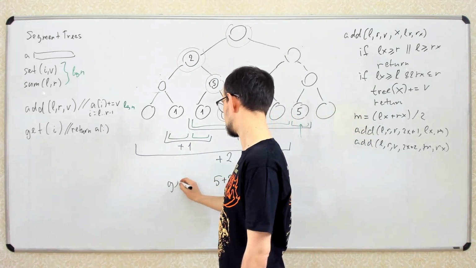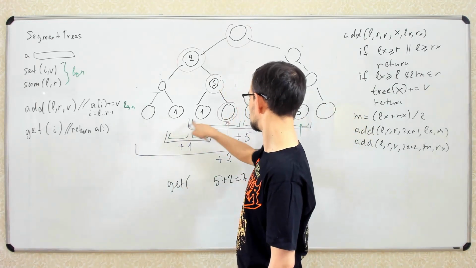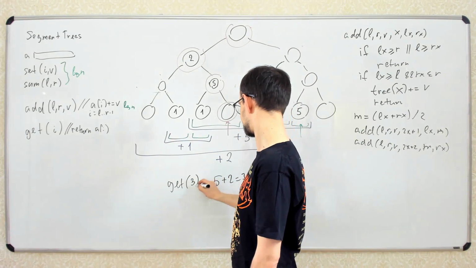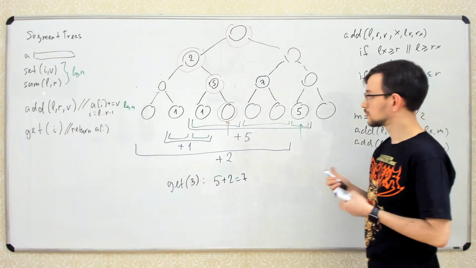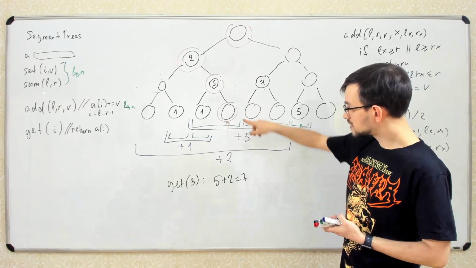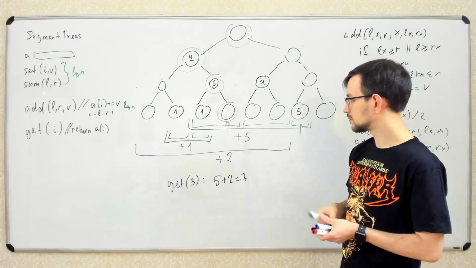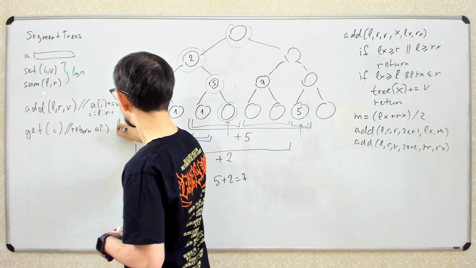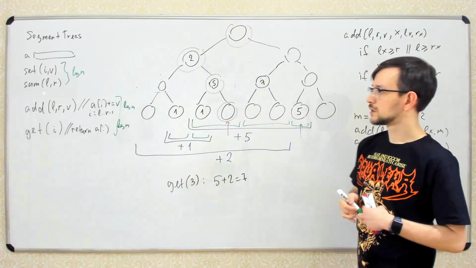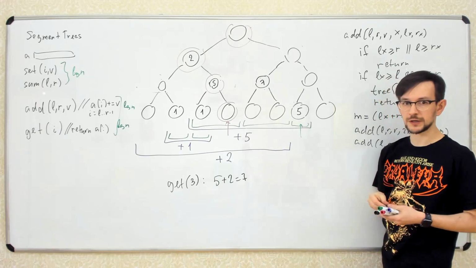So we will get 3. That's all. That's how it went. And this operation also works in logarithmic time, it's obvious. Okay. So now we have both operations working in log n time.